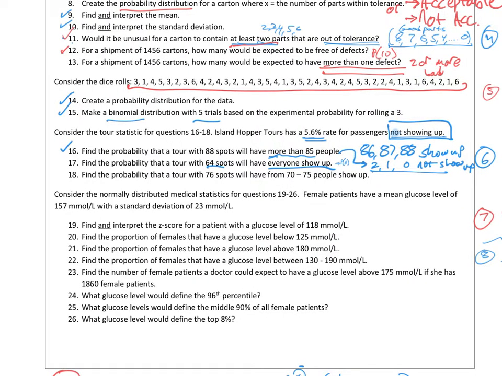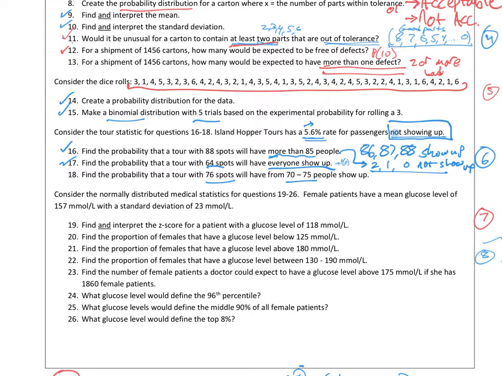One more. So last one in the group here. Find the probability that we have 76 people. And we'll have from 70 to 75 people show up. Okay. Well, we can do this a couple ways. By the way, we could go find out that this is the probability that they don't show up.